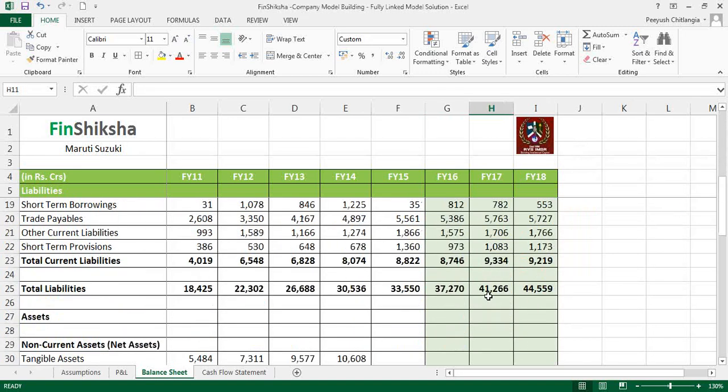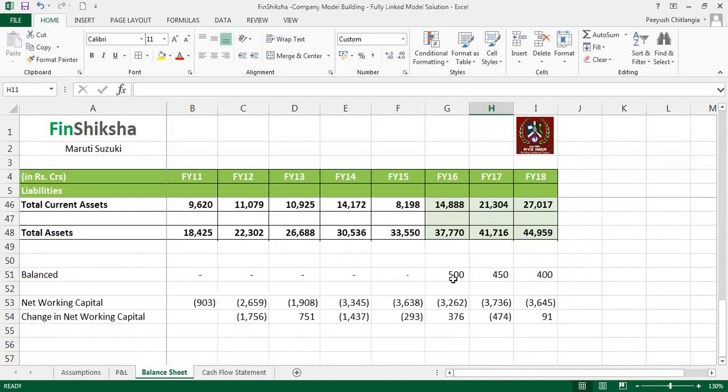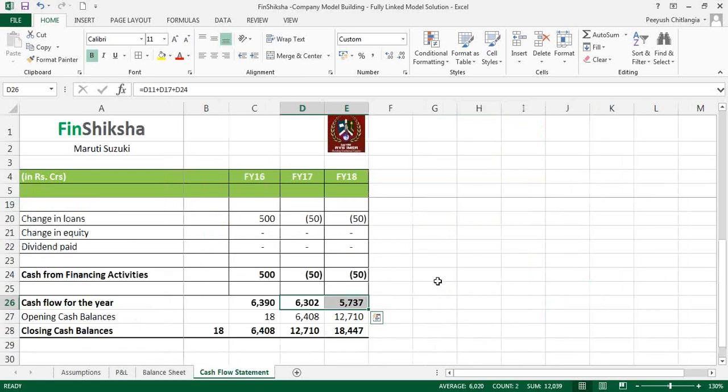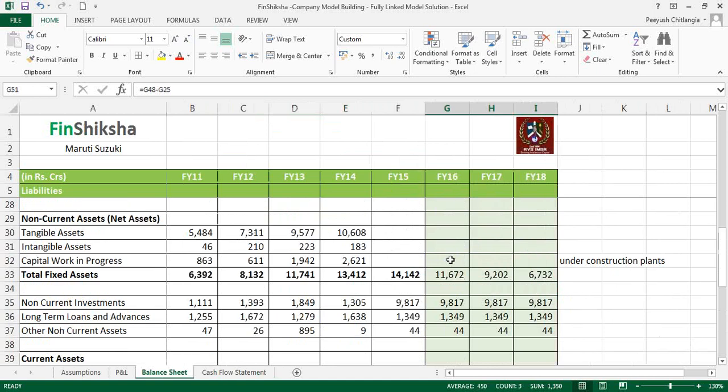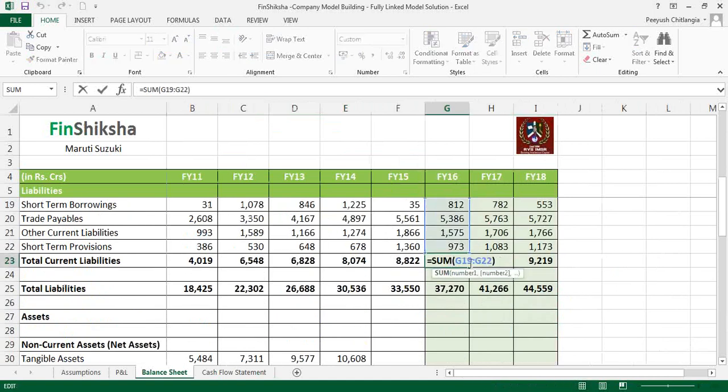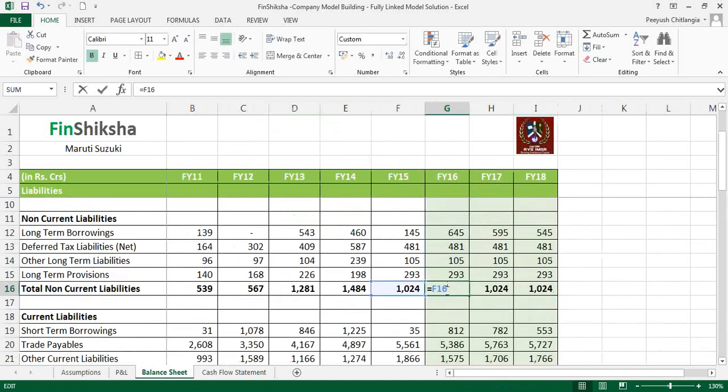Let's see if after these changes the balance sheet stays balanced. It doesn't. The balance sheet does not stay balanced because in our cash flow statement we have captured these changes in loans, but there is some sort of a challenge in terms of our calculations that are happening. Let's find out where the issue is in terms of our overall calculation, and that's because here total non-current liabilities should change.